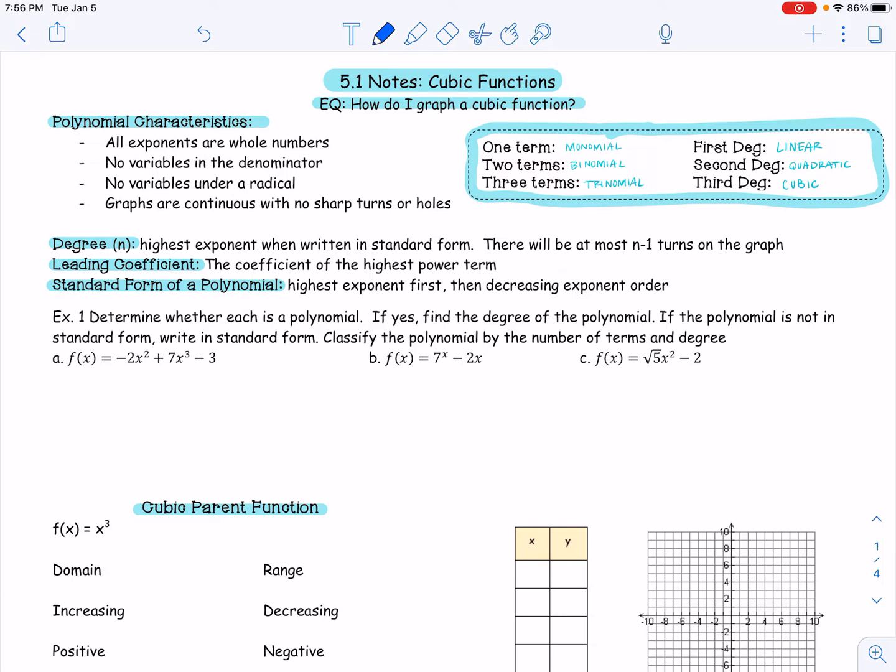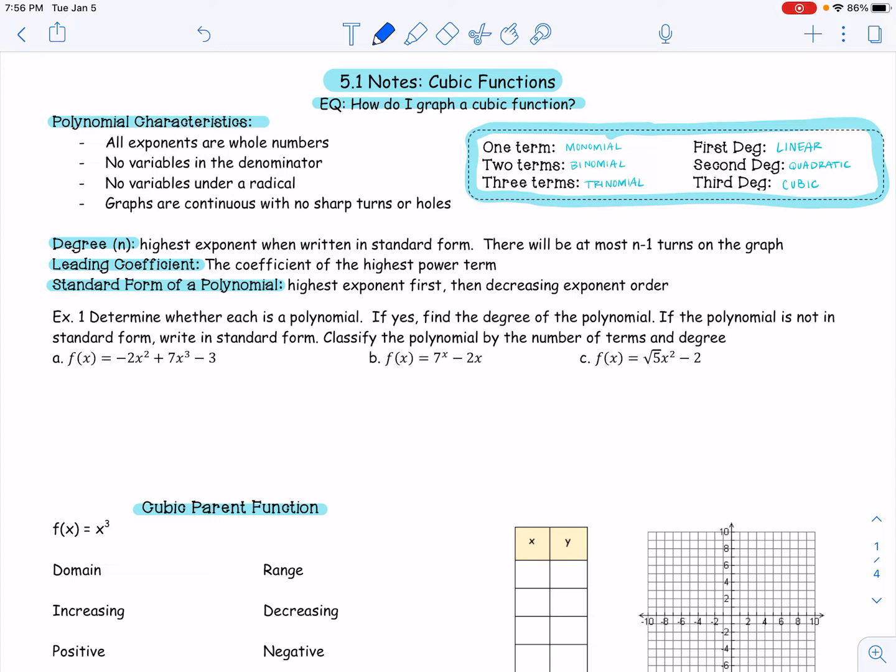So let's say we have an x squared term, an x cubed term, and then an x term. Well, that would not be in standard form because the cubic is not first. We want the highest exponent first and then going down in sequential order, just backwards. And then, of course, our leading coefficient is the coefficient of the highest power term. So the highest term, or the term with the highest exponent, that degree.